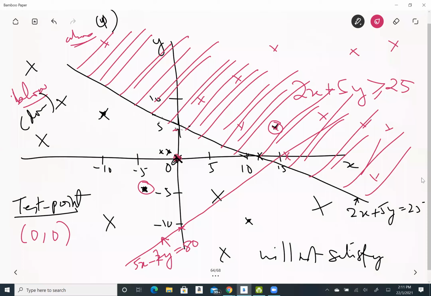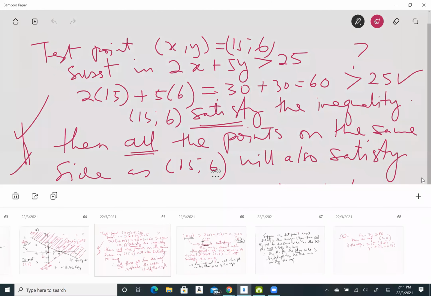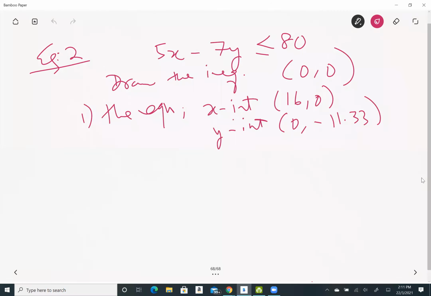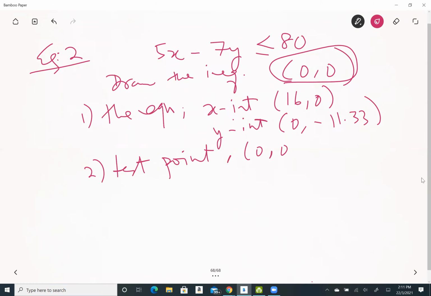Now what you want is less or equal to. So we take a test point 0, 0. Of course you can do a test point other than 0, 0, but 0, 0 is a very convenient point. You do it by substitution. We have 5 times 0 minus 7 times 0, that is equal to 0.